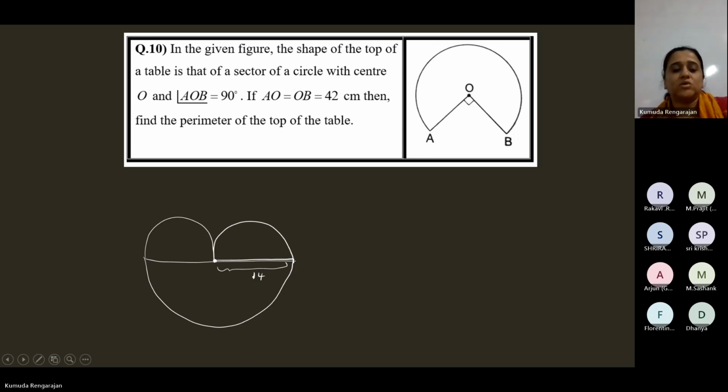Okay, so here we see three semicircles. The radius of these two semicircles is 14 units, centimeter, meter, whatever, 14 units.